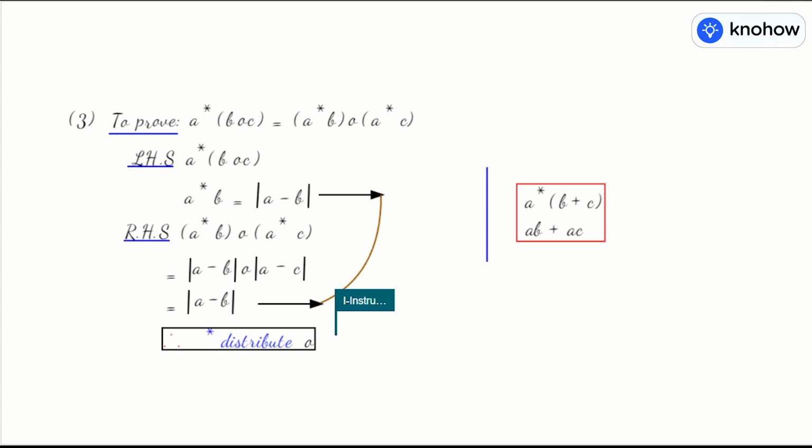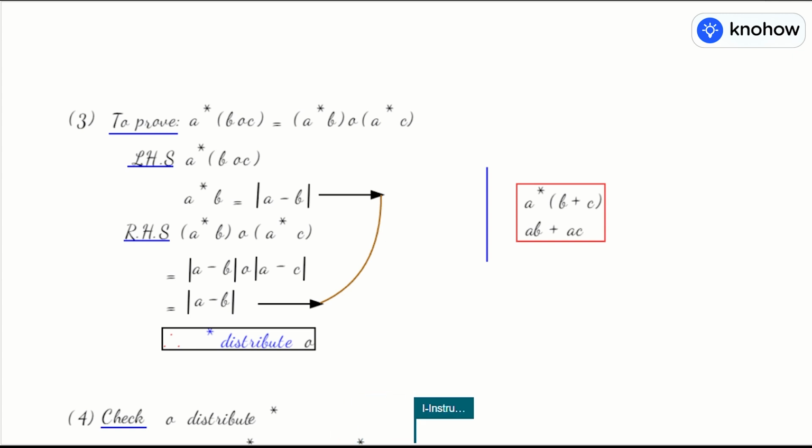And now finally we have to prove the fourth part. He says whether O distributes over star or not. So finally we have to check whether O distributes over star or not. Or in other words, I have to check whether A O (B star C) is equal to (A O B) star (A O C) or not.